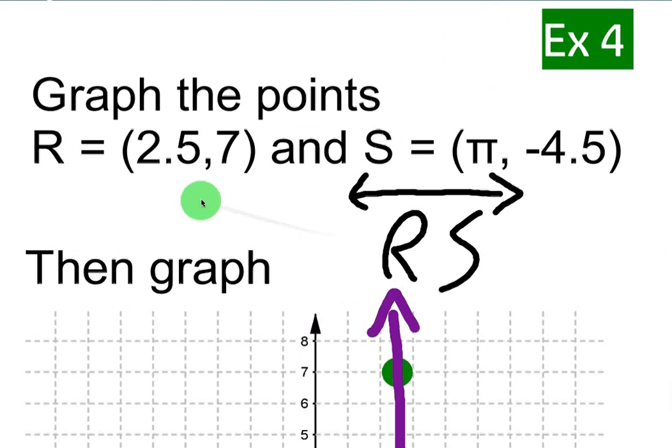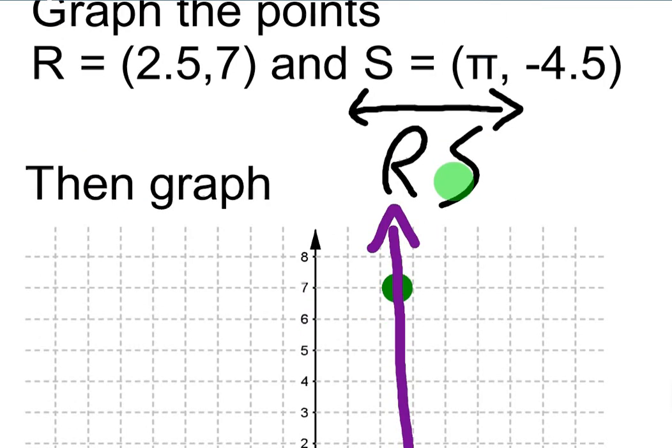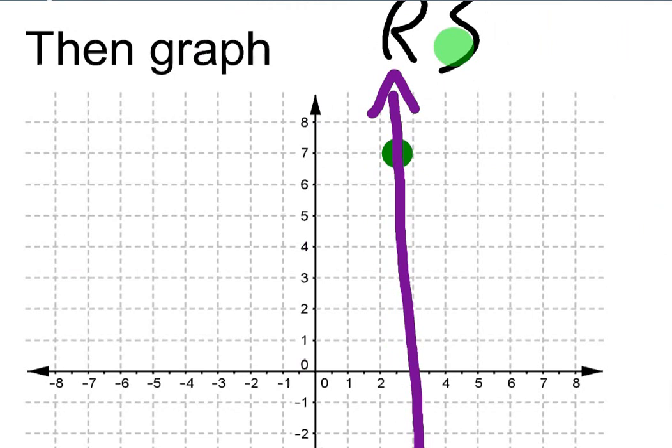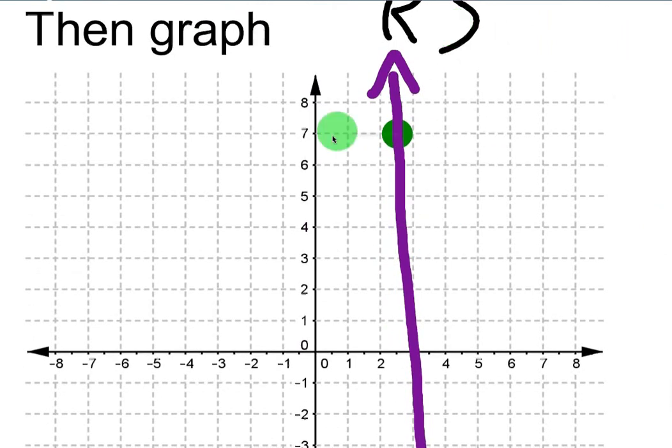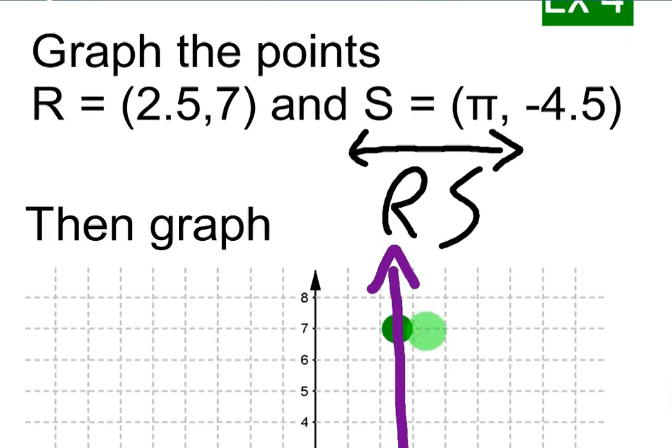Now let's graph the points (2.5, 7) and (pi, -4.5). So R is (2.5, 7), S is (pi, -4.5), and again we're going to graph a line. So first of all, (2.5, 7) is going to go right here, somewhere between 2 and 3 for X, and 7 for Y. And then (pi, -4.5) seems peculiar.